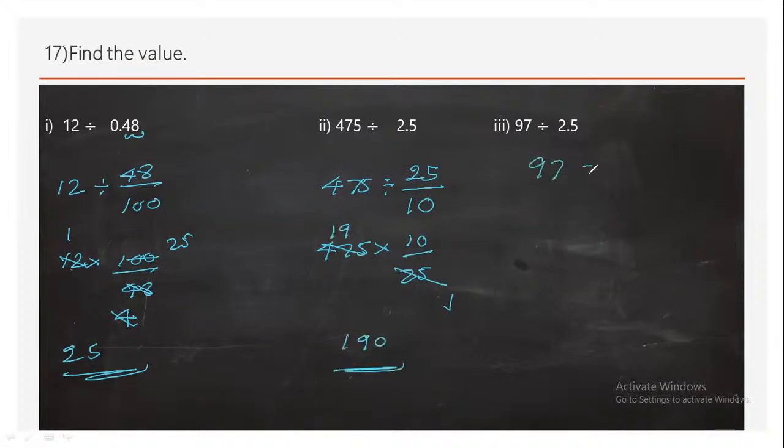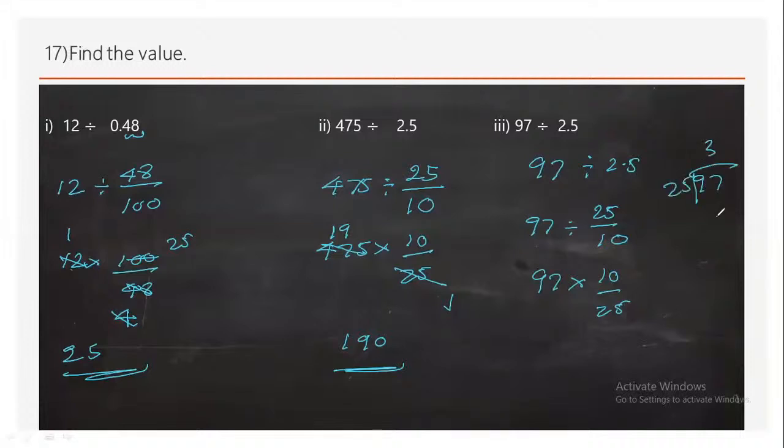Then 9.7 divided by 2.5. This means 1 decimal place, at the denominator 10, 25 over 10. 97 into 10 over 25. Now divide and see 97 by 25. 3 times 25, 75. The remainder is 22, put the decimal point, 220.